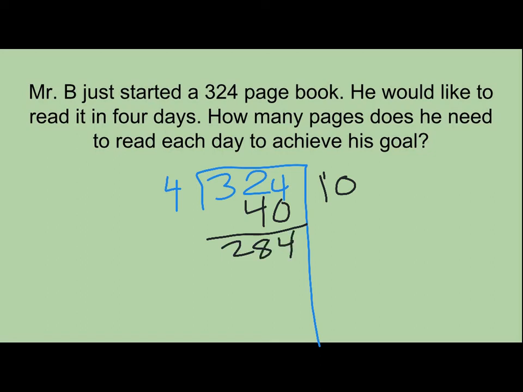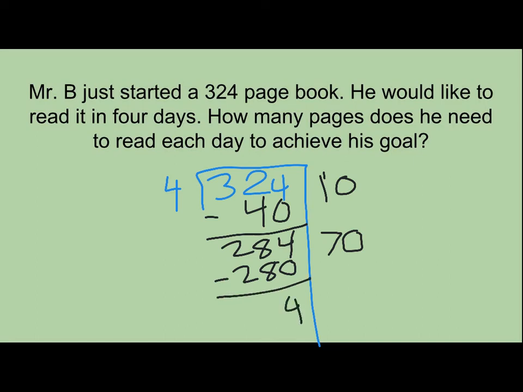Now I can take a shortcut here, because I know 70 groups of 4 is going to be 280, because 7 times 4 is 28, so multiplying by 10 would give me the same thing, but a larger place value. I subtract these, that's going to give me 4.